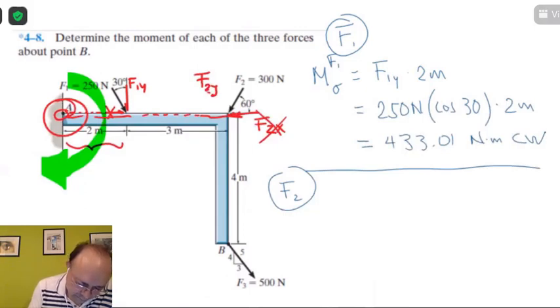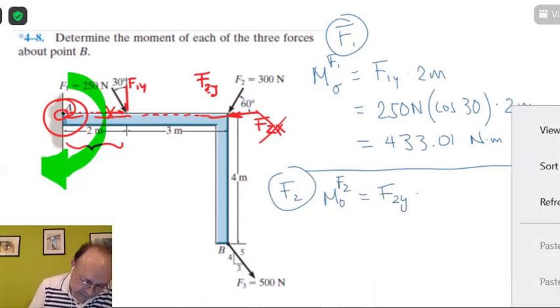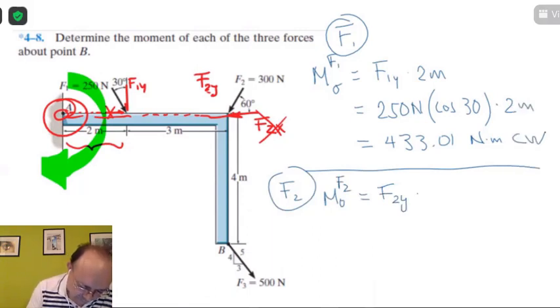So the moment of F2 with respect to O will be equal just to F2y times the distance, and the distance from this force F2y right here to the point O is all this distance, 5 meters.